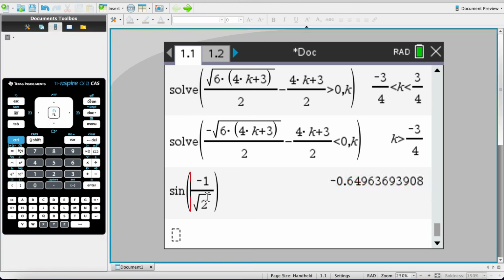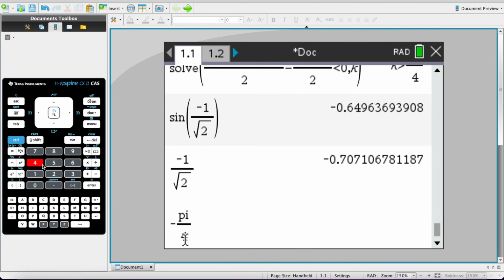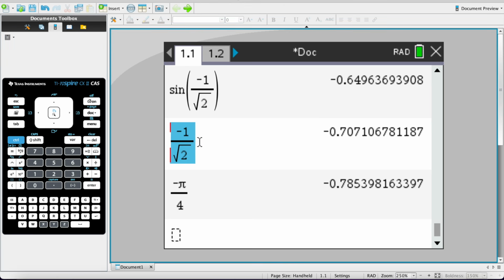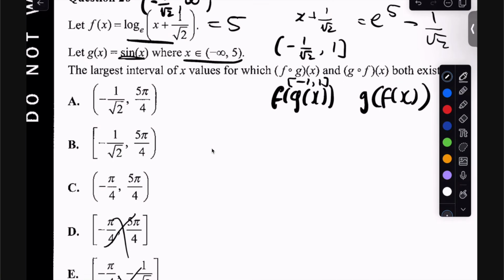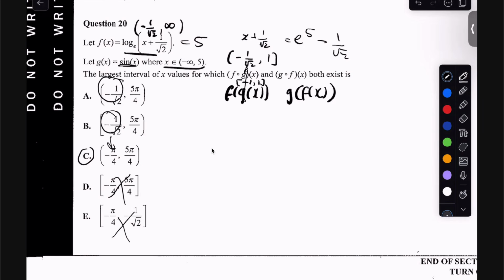Actually, we just want to know what's -1 over root 2, and we want to know what's -pi on 4. So -1 on root 2 is less. So we can't have something below -1 on root 2 as our domain. So it's got to be C, I think, because these are all lower than this, and we can't have anything lower than that because of this. The lower bound has to be -1 on root 2, and we can't include it.